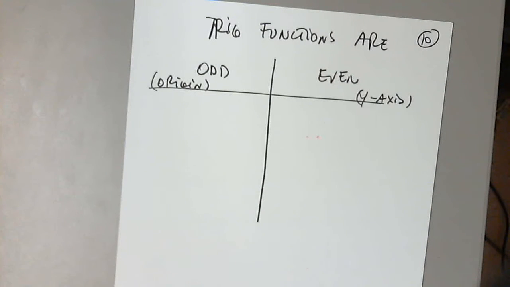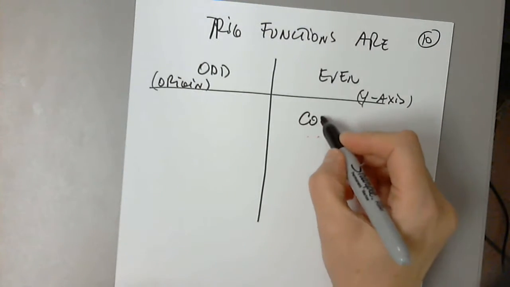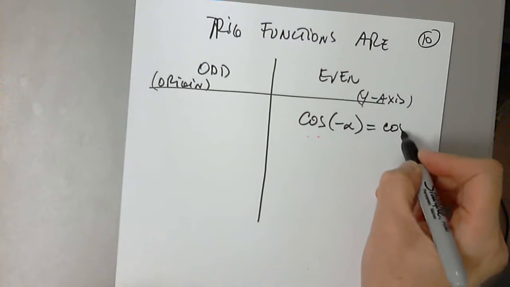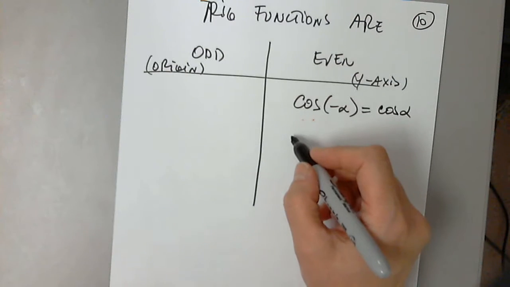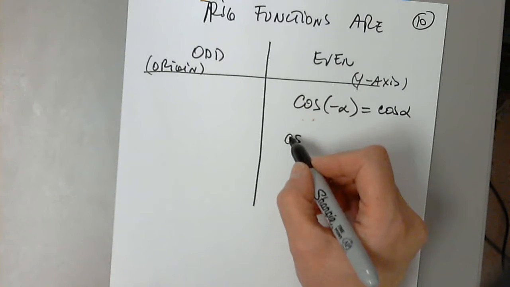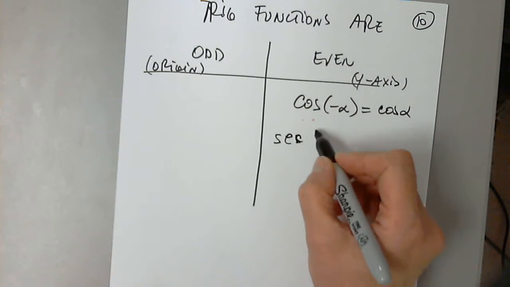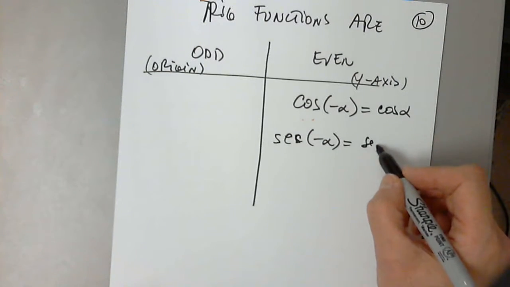Basically there are only 2 even functions, the functions that have only cosine in them. That's cosine of negative alpha equals cosine alpha, and secant, I meant to write, secant of negative alpha equals secant alpha.